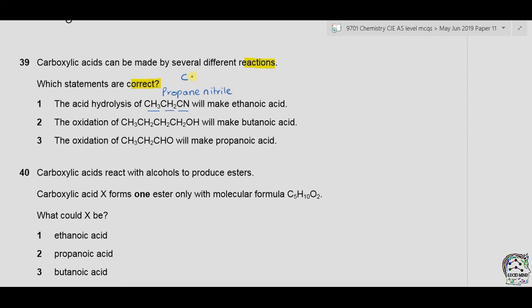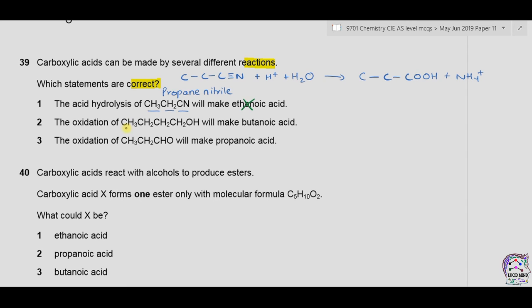The acid hydrolysis of propane nitrile is hydrolyzed in the presence of acid to form a carboxylic acid. As we have a 3-carbon nitrile, a 3-carbon carboxylic acid will be formed. So propane nitrile will form propanoic acid instead of ethanoic acid, so 1 is incorrect.